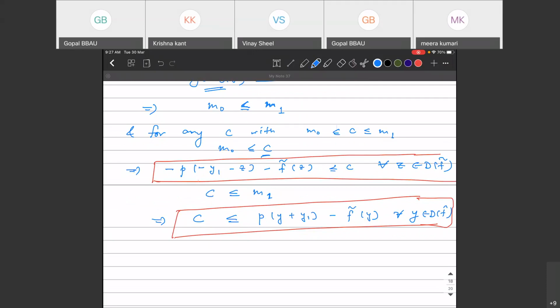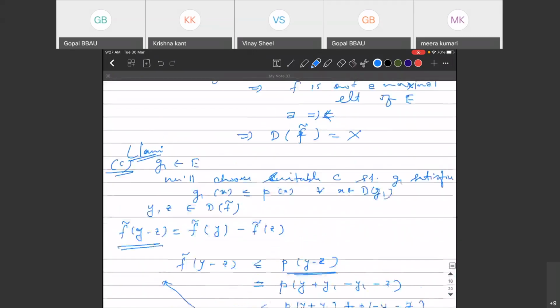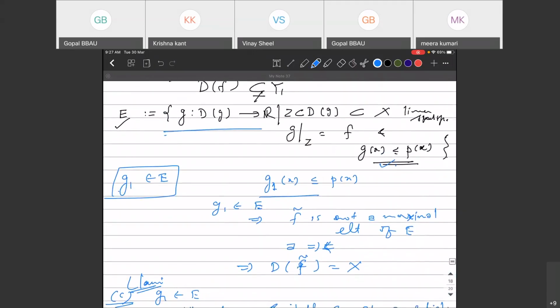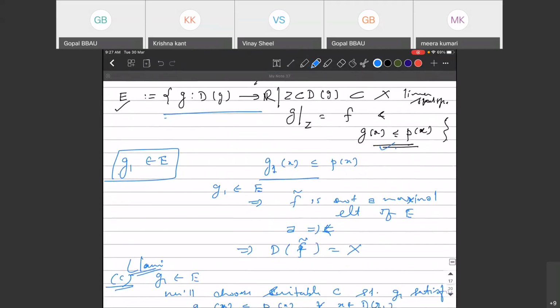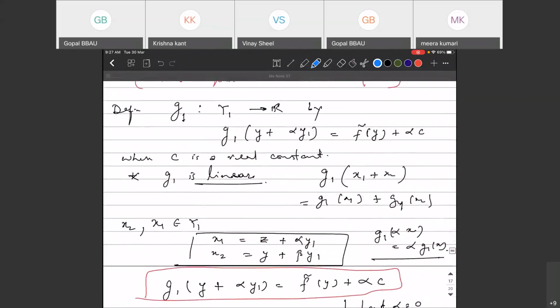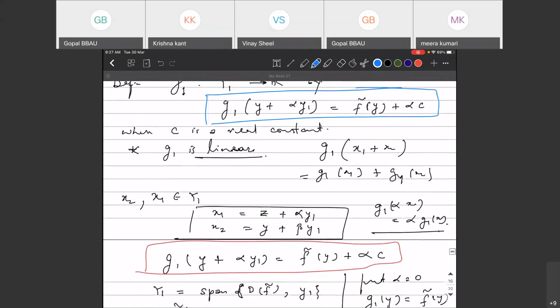Now we use the definition of G1. Let us recall it again. What was the definition of G1? Did I define that? Okay, here we define. Let me write it again. G1 of y plus alpha y1 is f tilde y plus alpha c.